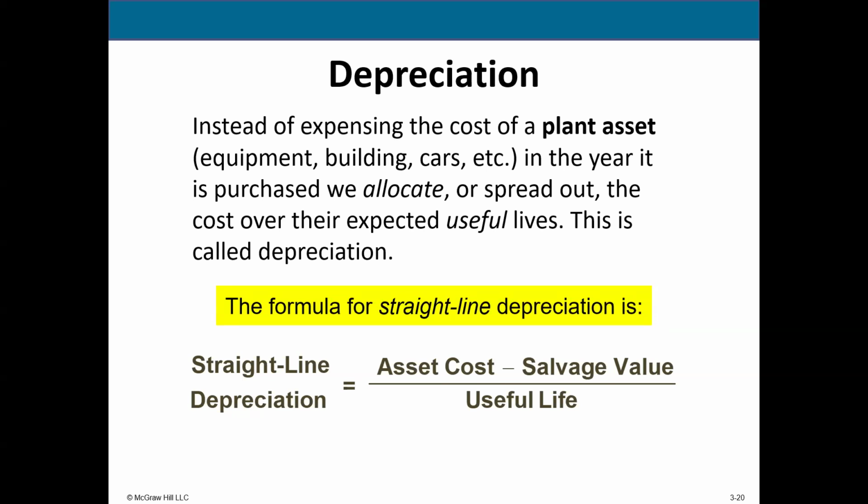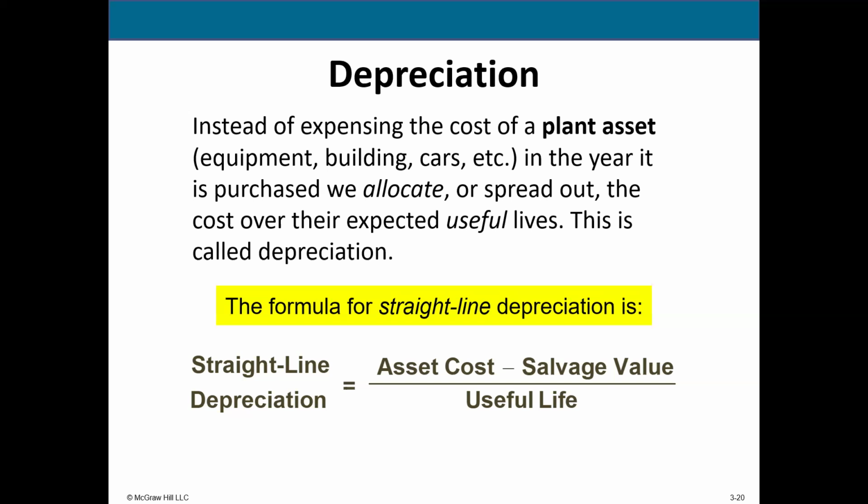So the way it works is I'm going to take the vehicle's cost, 26,000, minus its salvage value. Salvage value is what it's worth at the end of its useful life. It's what I could get for the scrap metal, what I can sell it for at the end of its useful life, whatever. We call that salvage value or scrap value.